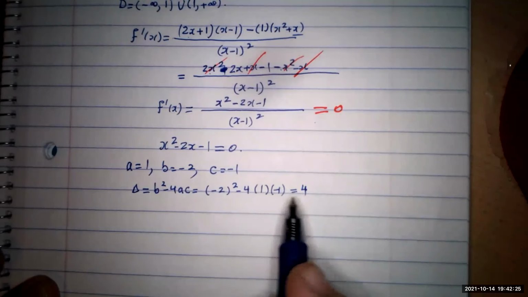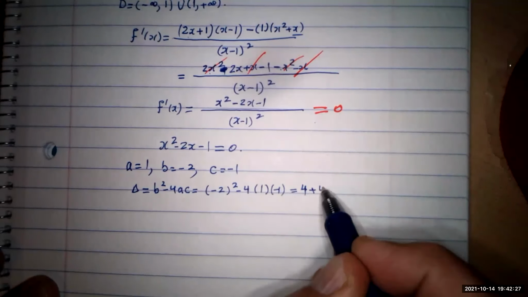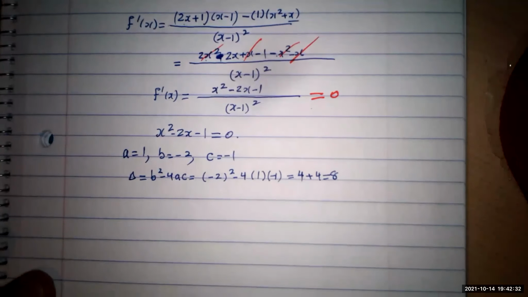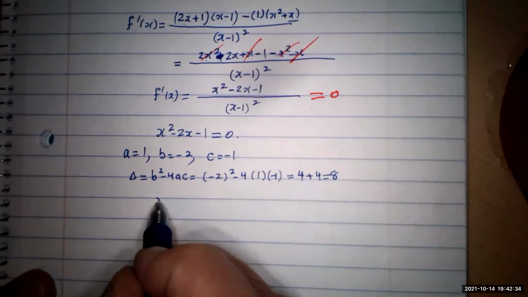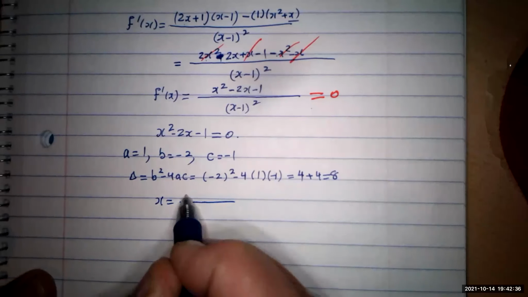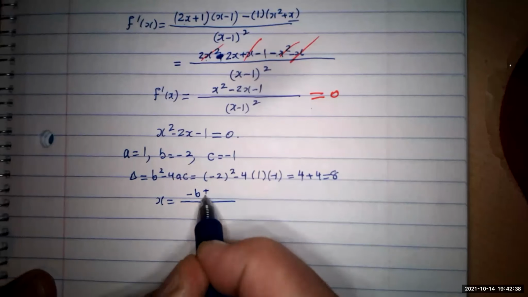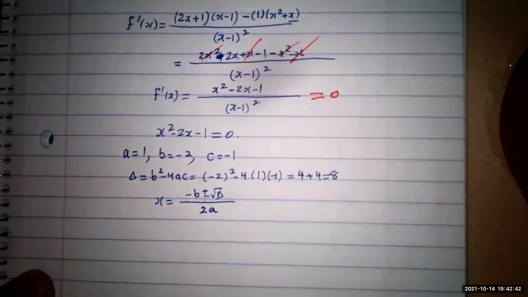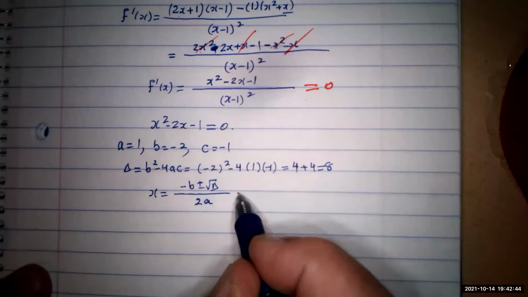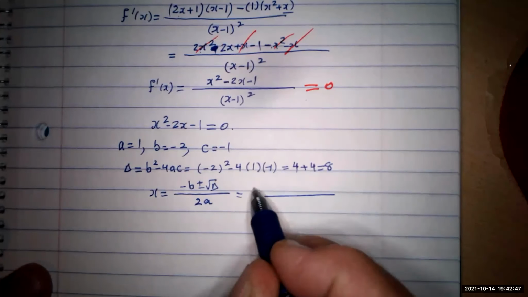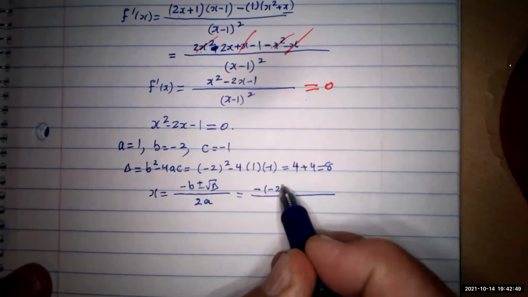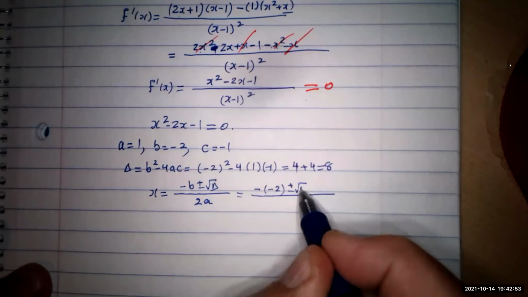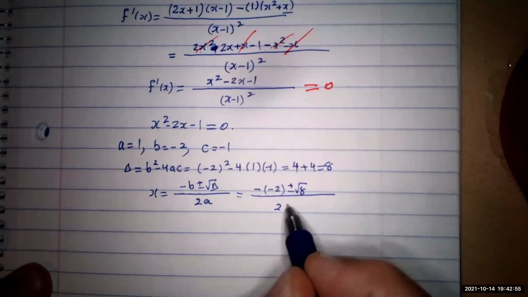And over here, negative would be positive. So that gives me 8. It's not a perfect square, but it's positive. So I can use the quadratic formula to get the results. Say x equal to the quadratic formula, negative b plus or minus radical delta over 2a. You just substitute, it's going to be equal to negative b is going to be 2 because the b is -2, plus or minus radical 8 divided by 2 times a, 2 times 1.